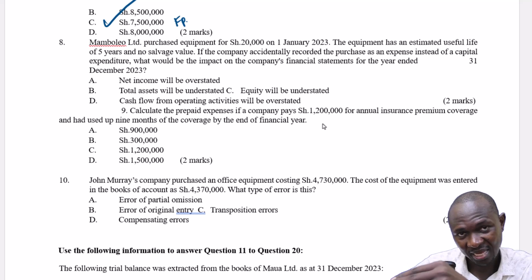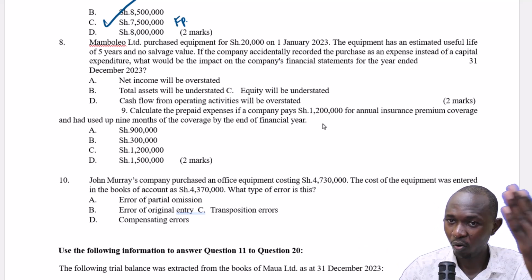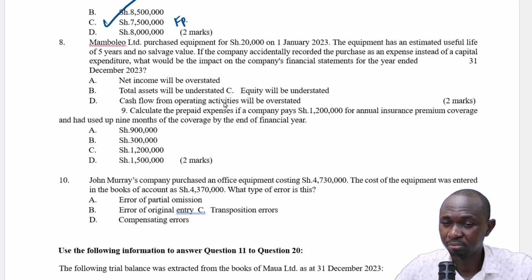So it means assets will be undervalued and expenses overstated. Okay, so let's look at what the answers are. Number 1, net income will be overstated. It could be correct. Net income will be overstated.